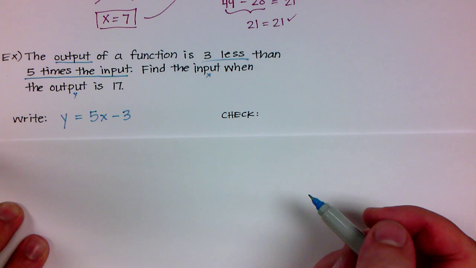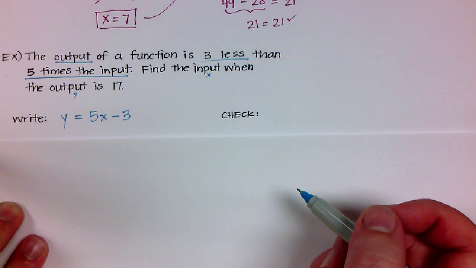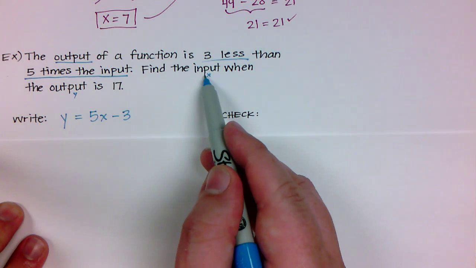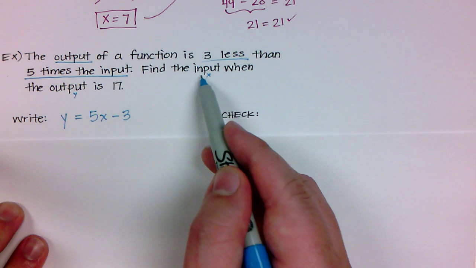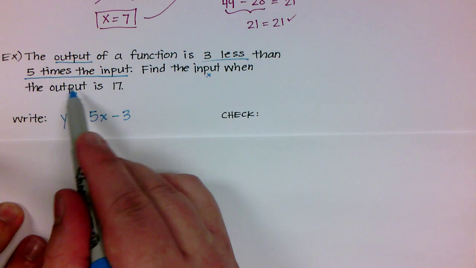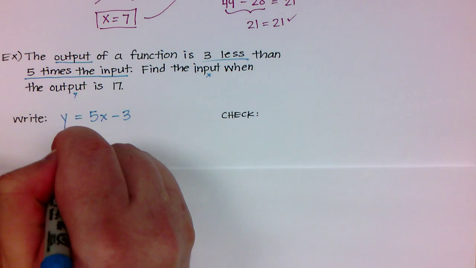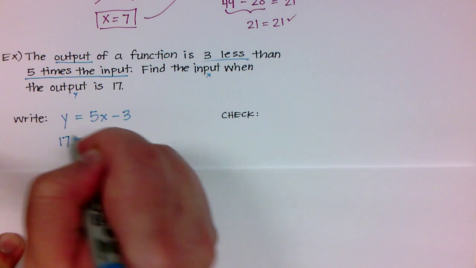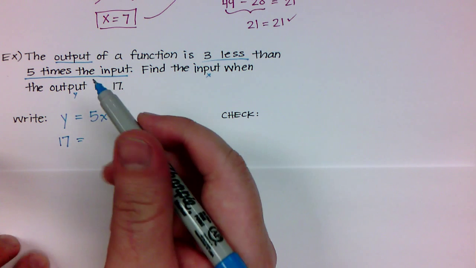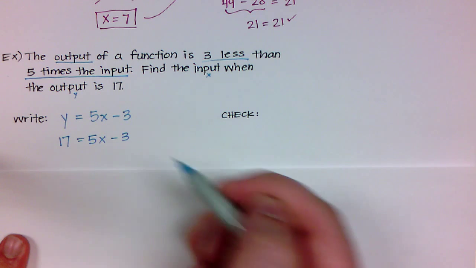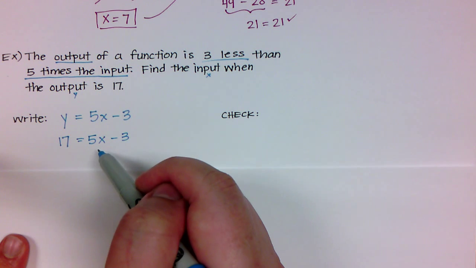First I just translated that beginning sentence into an equation, and then it's asking me to find the input, so it wants to find x when the output, when y is 17. So I'm just going to substitute y for 17, because it says that the output is 17, and when that happens I want to find out what the input is. So I want to find out what x is.